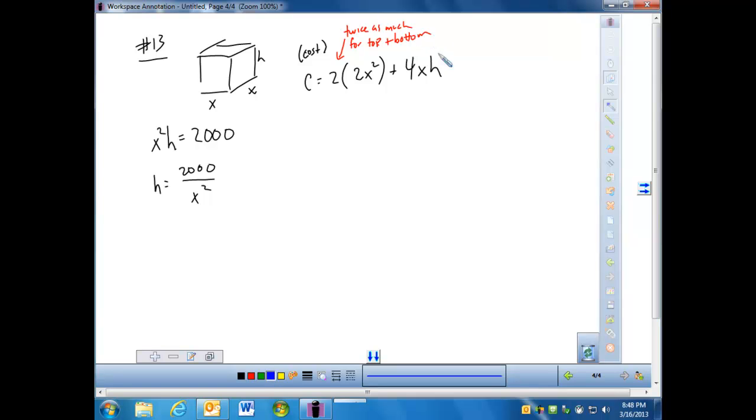You can think about it like it's $1 per square unit for the other 4 faces, $2 for every square unit of the top and the bottom.